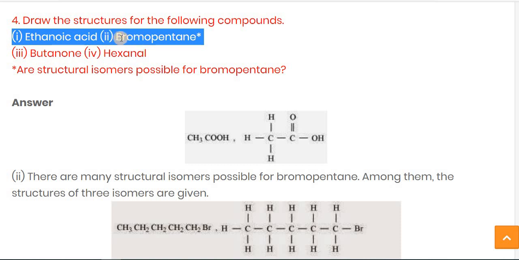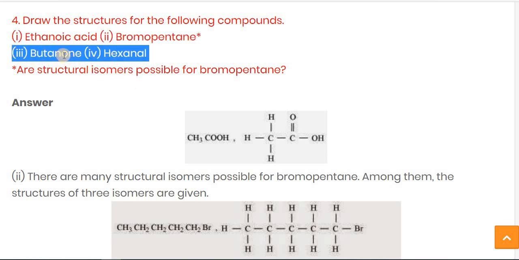And the second question is bromopentene. Here the prefix bromo is used, meaning it is a halogen group, and pentene stands for the 5 carbon. And yes, it is possible for the bromopentene. There are 3 isomers for the bromopentene. And the third question is butanone.